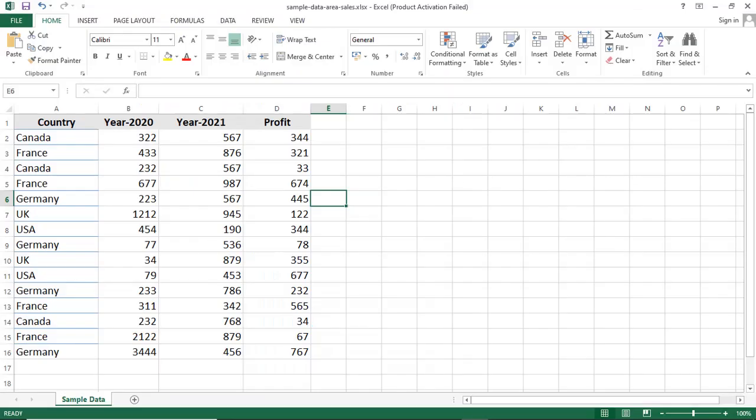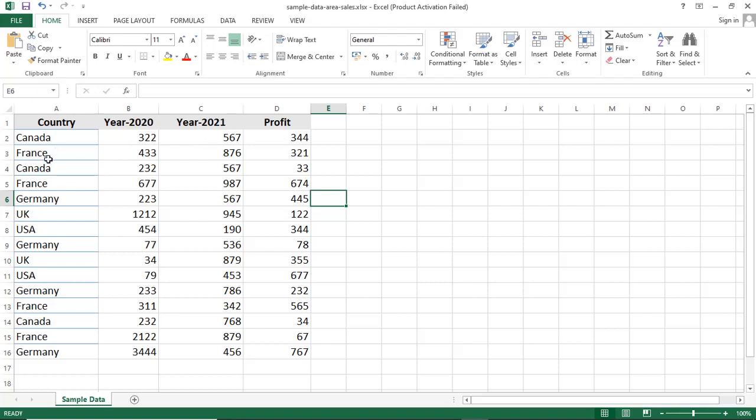Before doing the practical on the area chart in Power BI Desktop, we have some data. So we check that data. In this data, we have the Excel sheet. So country, name of the country, Canada, France. In the second column, sales for 2020. Third column, sales for 2021. Then the profit. It means the Canada sale was 322 in 2020, 567 in 2021 and profit was 344.